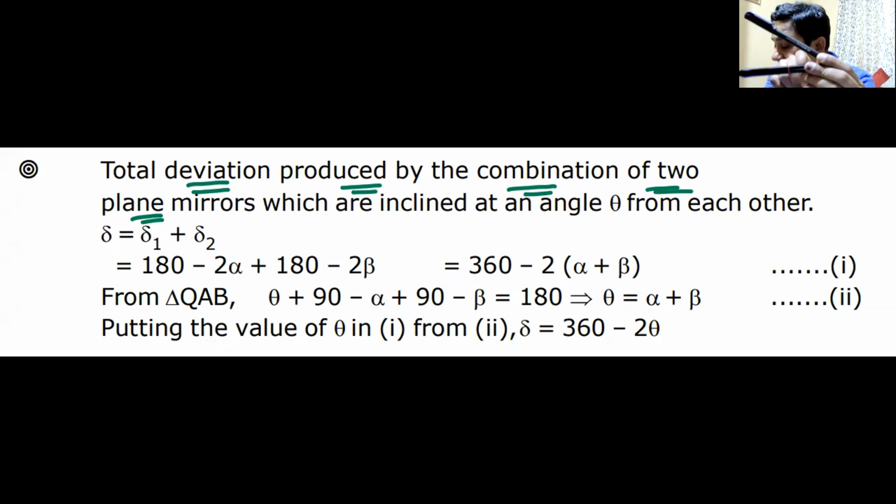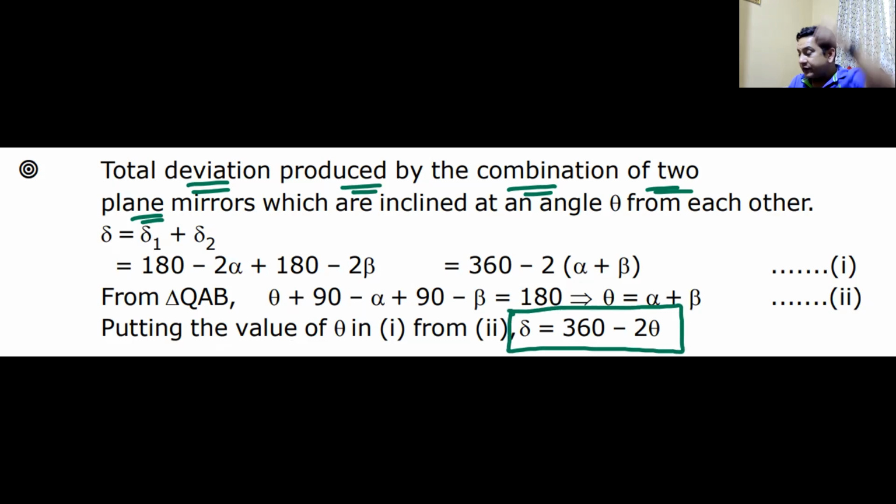Then what is the deviation produced? You just have to remember that deviation produced is 360 minus 2 theta. The only thing that has changed from the previous question is instead of 180, I have 360, and I will show it to you.